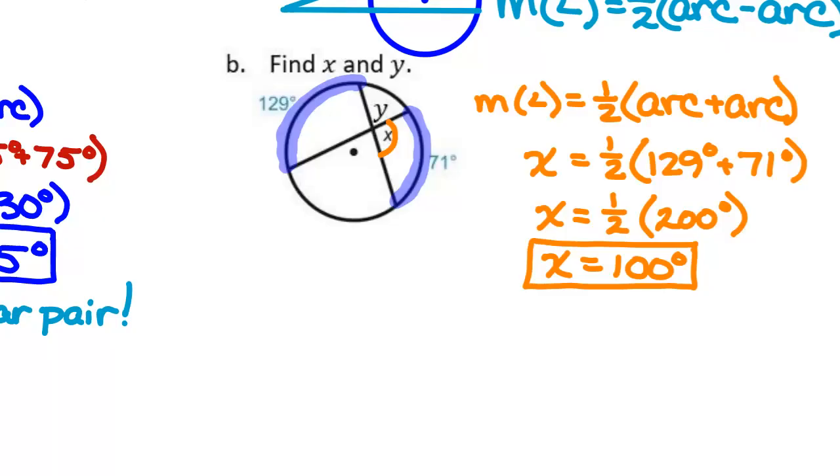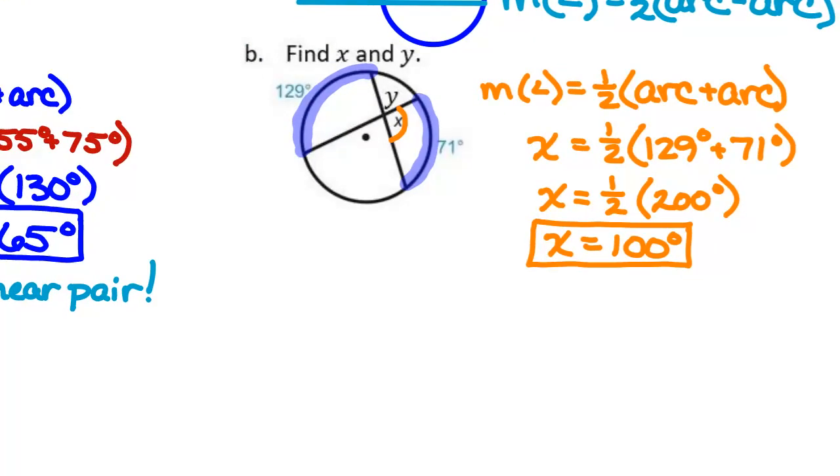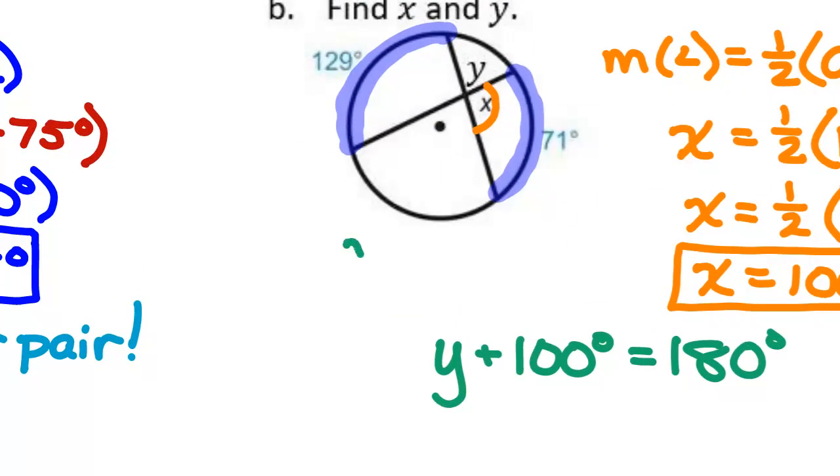And then what would I need to do to find Y? Not plus 129. Plus 100. Yes, it's plus the angle, not plus the arc. So Y plus 100 degrees equals 180 because X and Y are a linear pair.